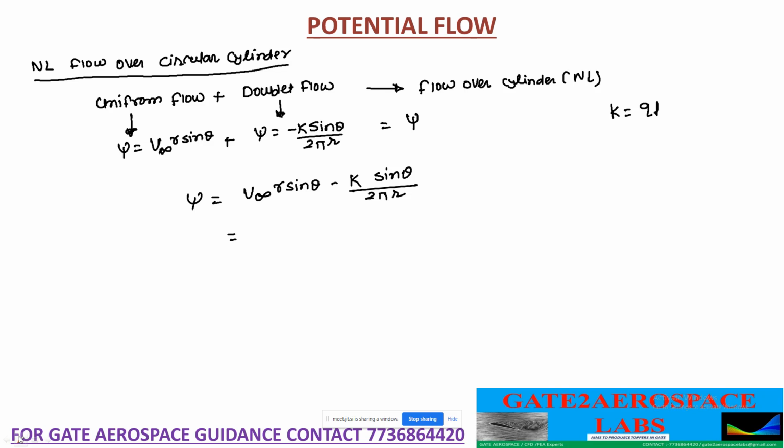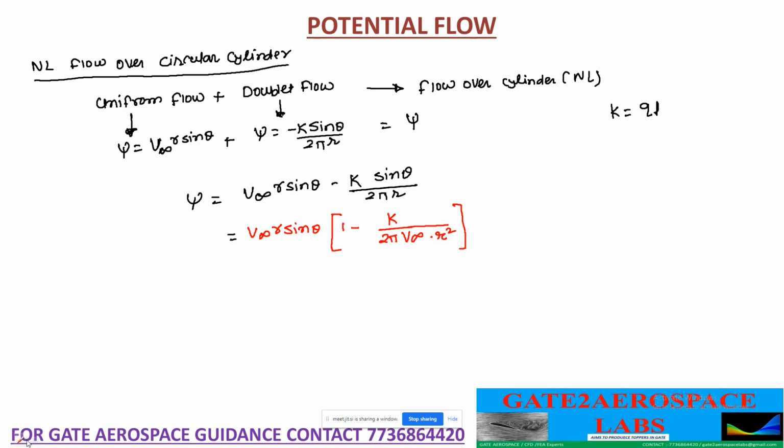Then we will rearrange it. What can we take common from here? We can take V infinity r sin theta, this full term, as common. So this will become 1 minus k by 2 pi V infinity r square, into r square.